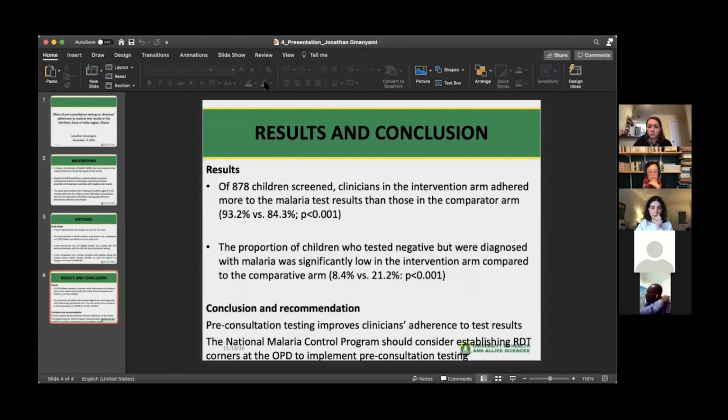Okay, based on our study objectives, yes, when the children tested positive for malaria, it made it easier for the clinicians to issue the anti-malaria drugs. But in some cases the test was negative, but the doctor still issued the anti-malaria drug.